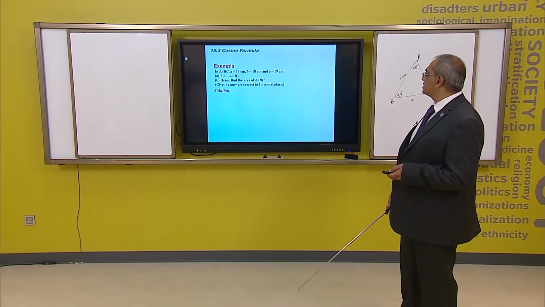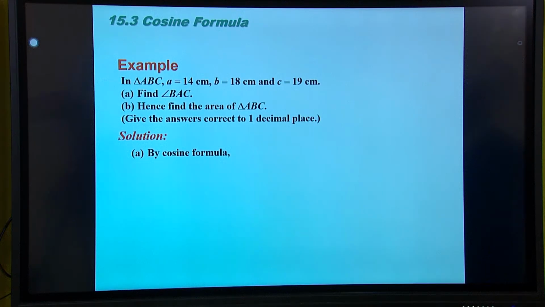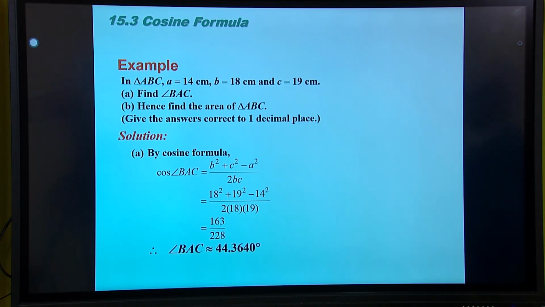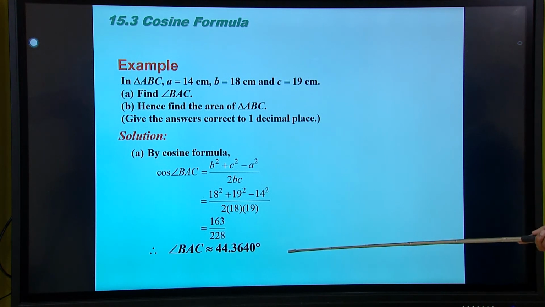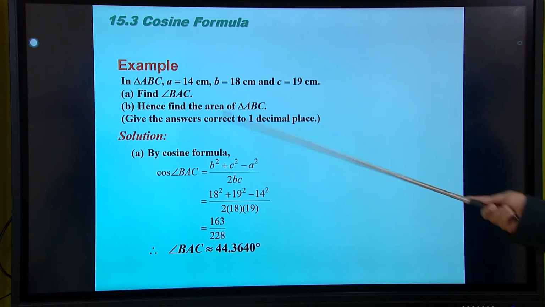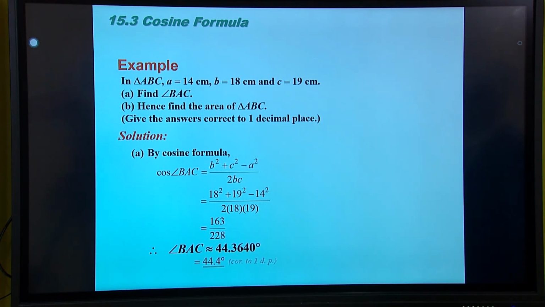Here we have ABC, we're given 3 sides, find the angle, hence find the area. So if I've got 3 sides and I've got the cosine rule, I can find the angle using the formula. Now when we get to that step, we will have to use our calculators and find the inverse cos function to get the angle.